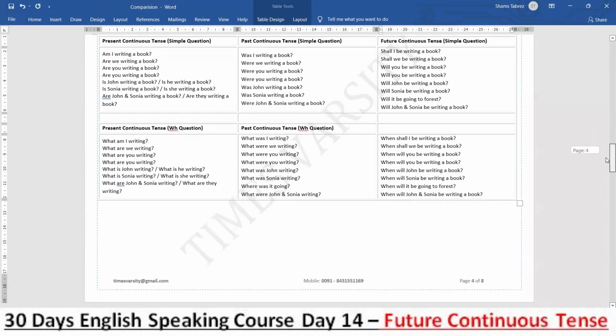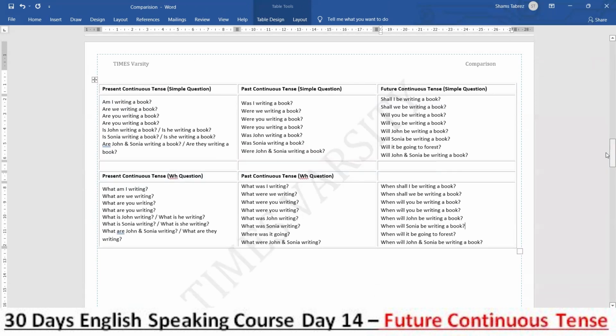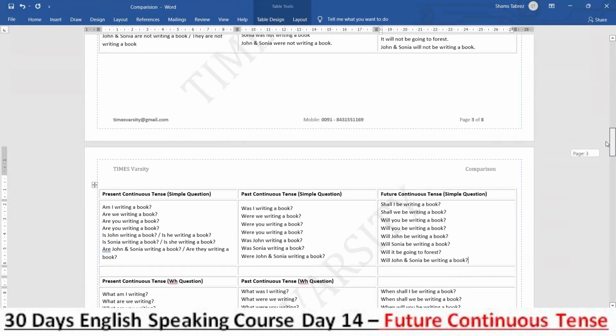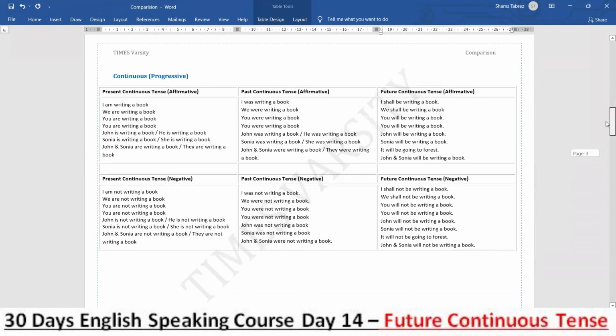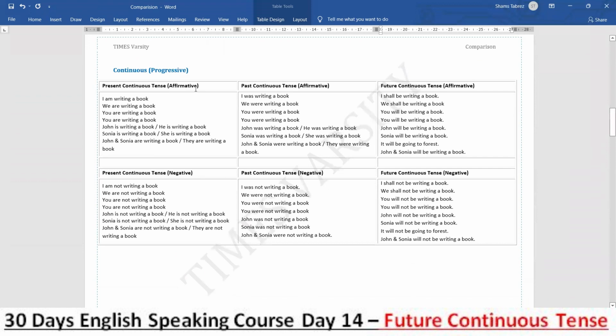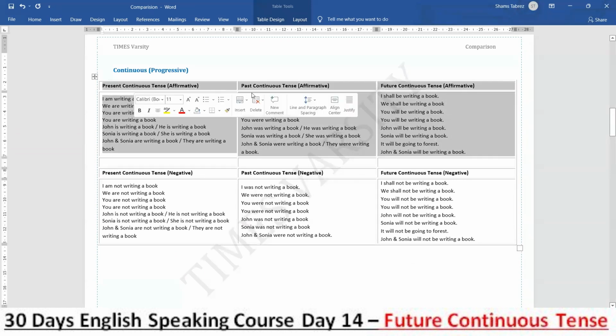Now, would anybody like to use a different verb and make a sentence or any question? Are you getting clarity between the different sentences we are making, like comparison of affirmative of present, past, and future?